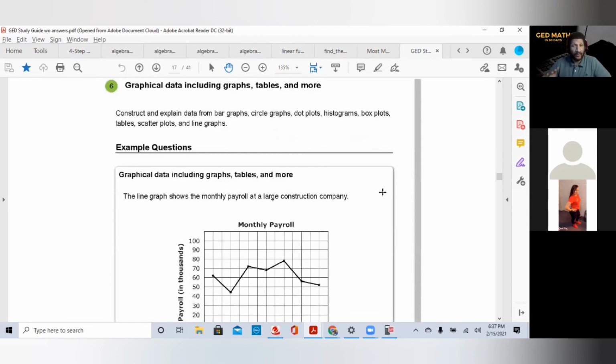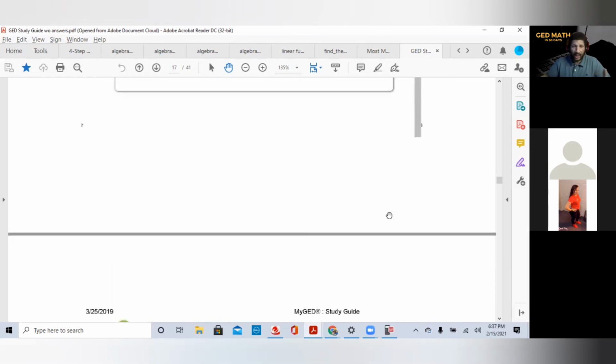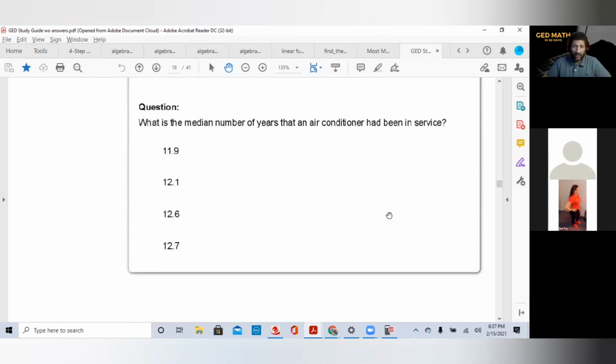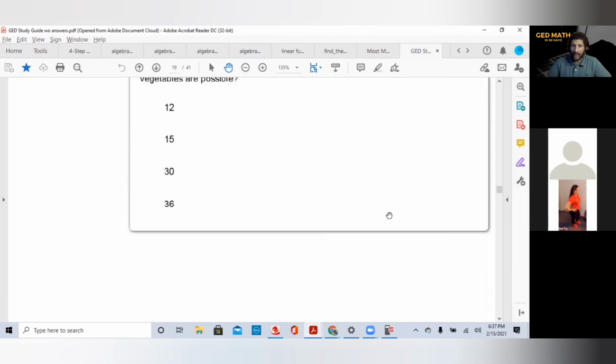If you don't have it, make sure you go to GED.com and download the GED study guide for mathematics. It's about 46 pages long, but it's worth downloading it and going over every single problem. This is where I got this from GED.com.